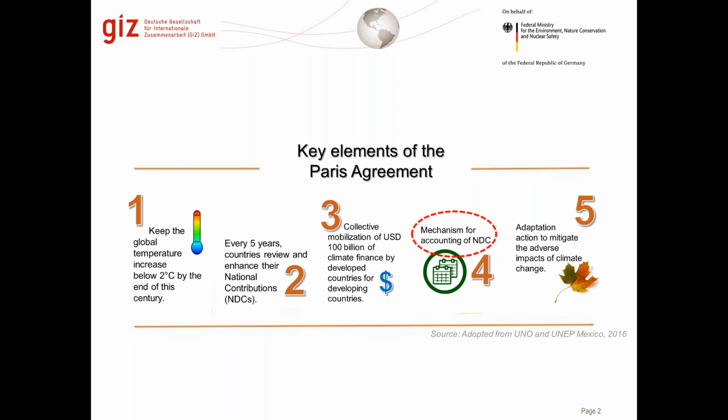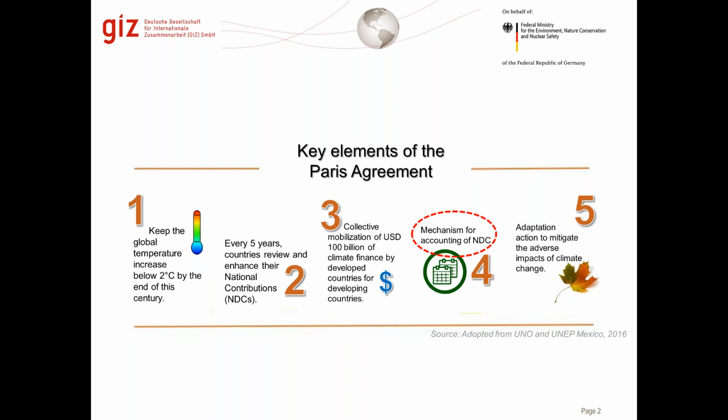And also as a fourth element, the mechanisms for NDC accounting. And as a fifth element, the adaptation to climate change, as some adverse impacts of climate change are already so strong that we also need to adapt to climate change globally.